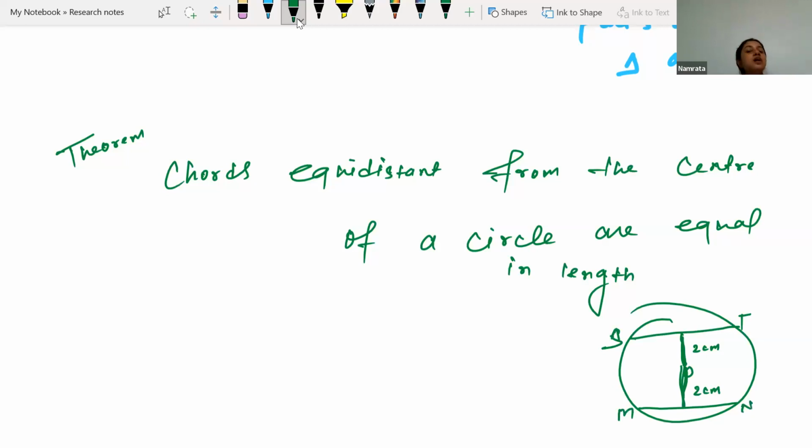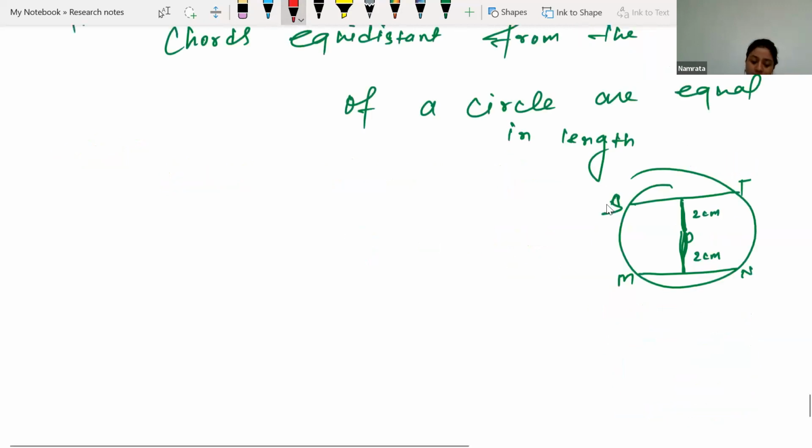It is just the converse of the previous theorem. Here also we are going to apply the same logic. We will take the triangles and prove that two triangles are congruent, and then easily we will be able to say by CPCT that both chords will be of the same length.